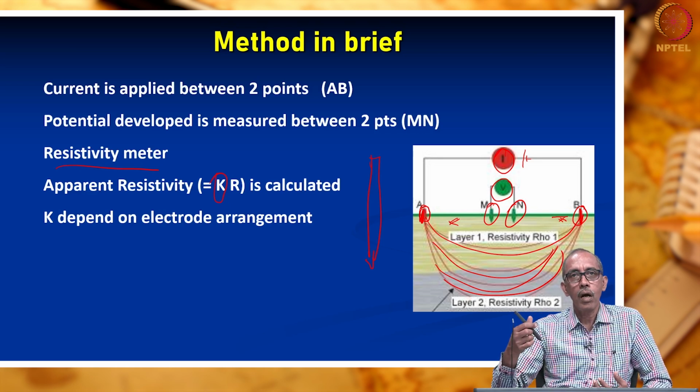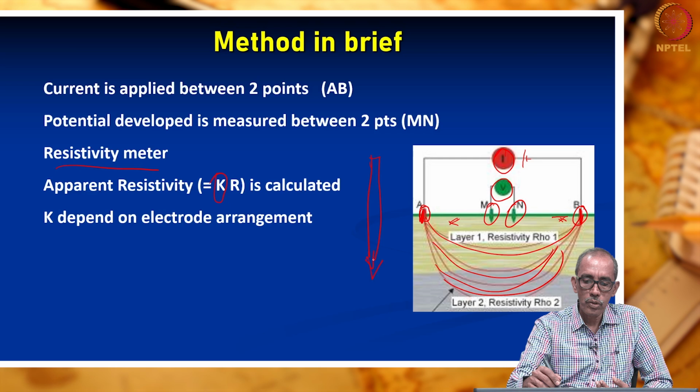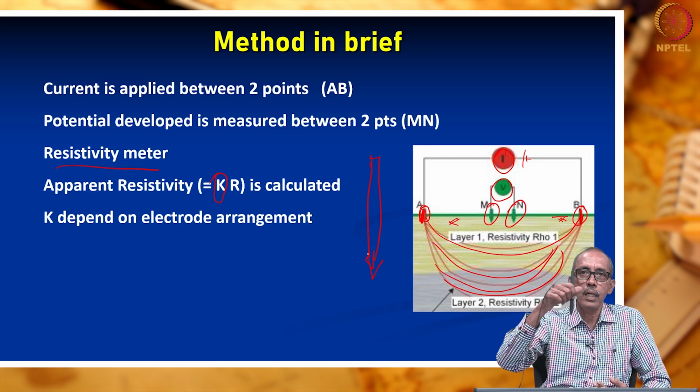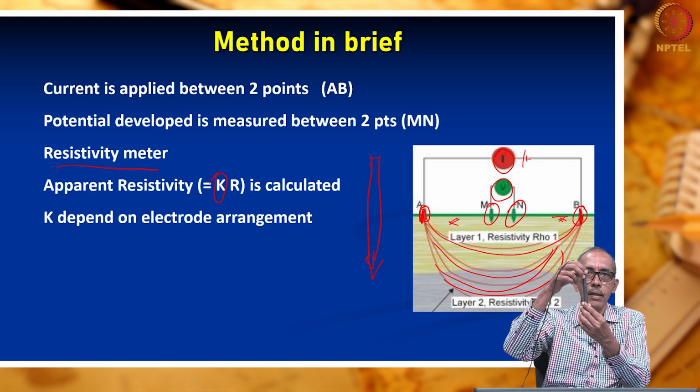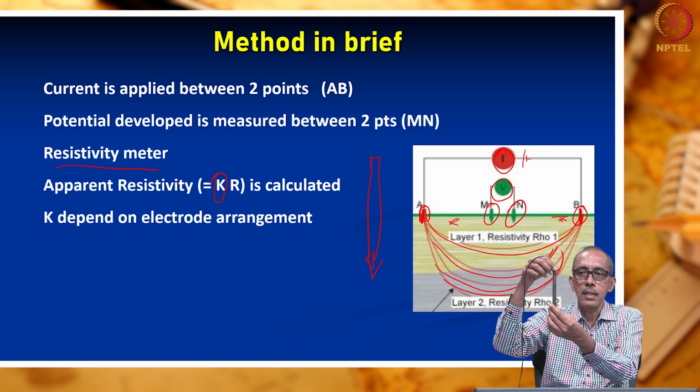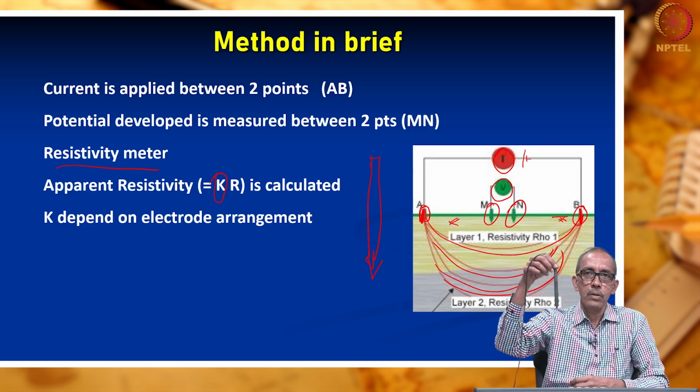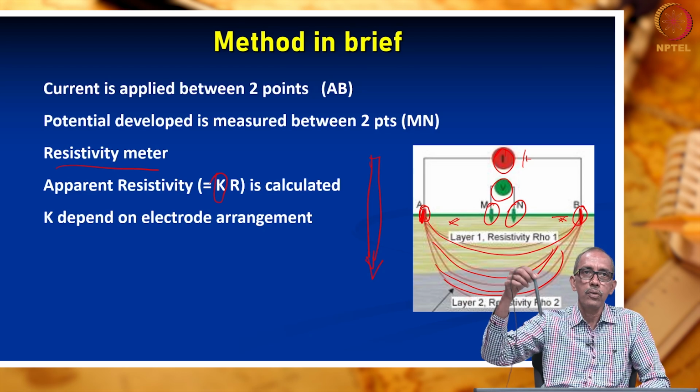It is a conducting rod of length about 40 centimeter, a diameter of 1 or 1.5 centimeter, with a spike at the bottom so that it can be easily hammered into the earth. It is something like this. So this is an electrode.